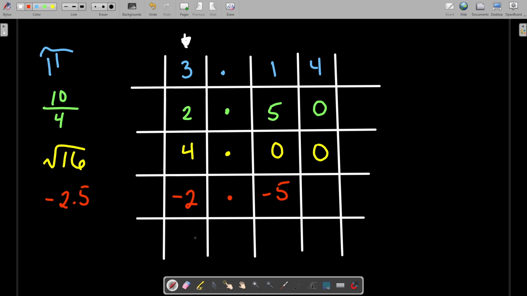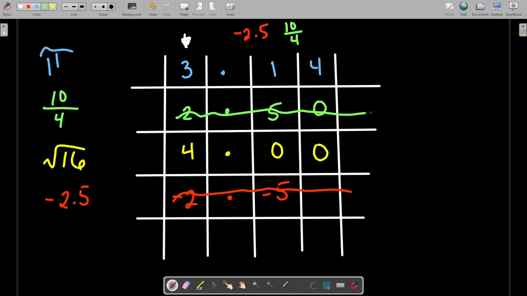So our first value is negative 2.5. Cross that out. We're done with it. Next, back to the first place value. 3, 2, 4. Which is the least between 3, 2, and 4? It is 2. So the next number will be 10 over 4.